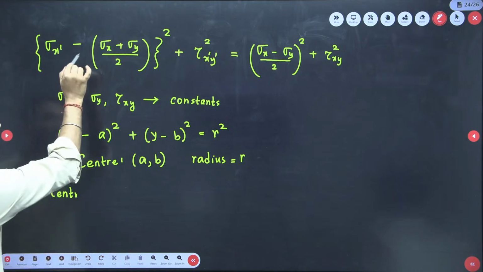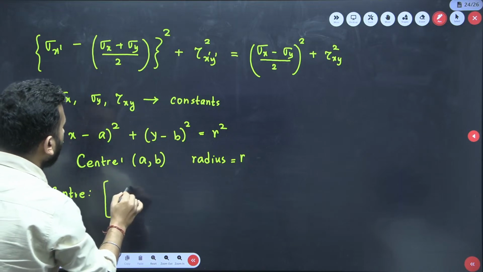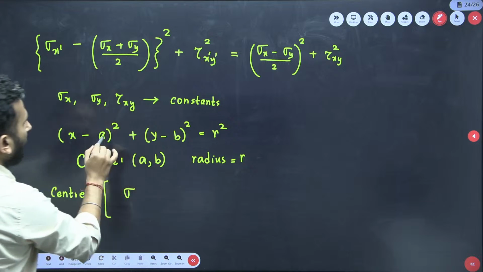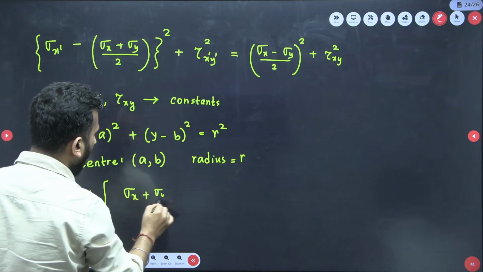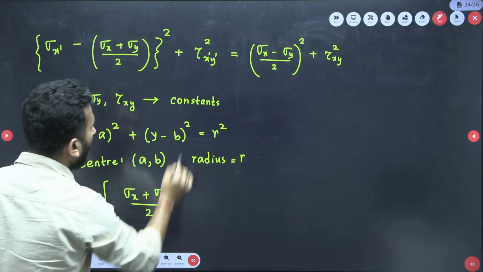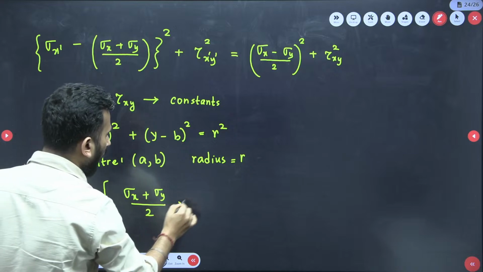That this equation is in the form of a circle whose center is, in place of a, sigma x plus sigma y by 2, and in place of b it is 0, comma 0.